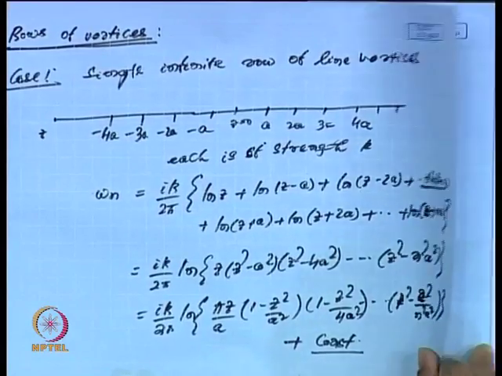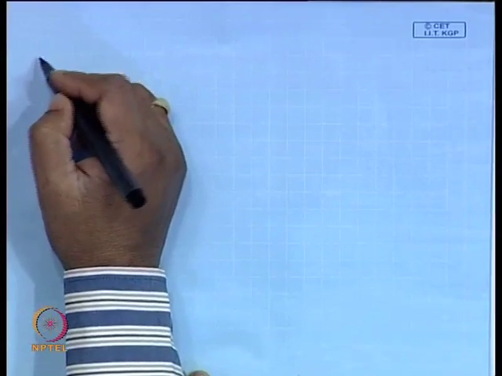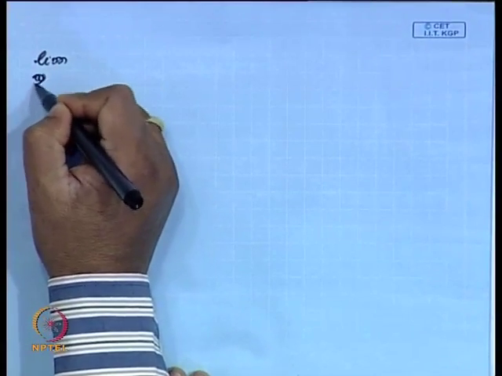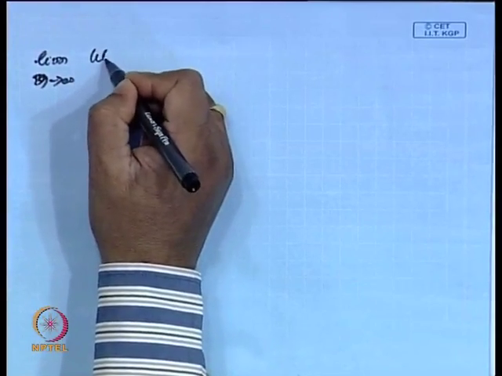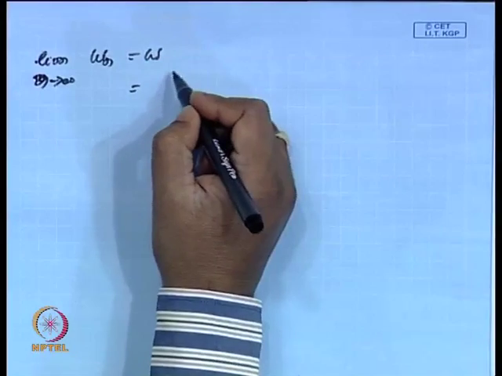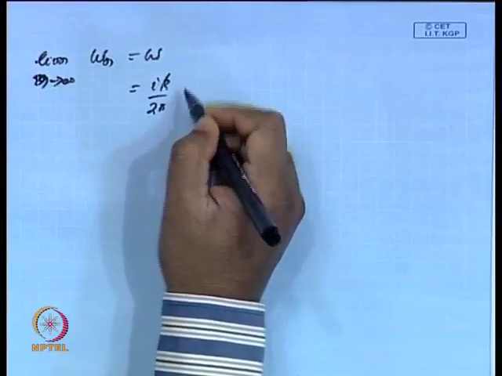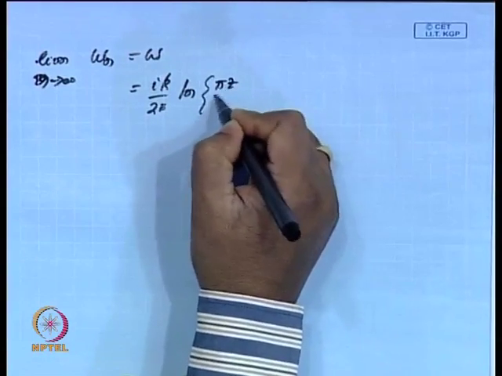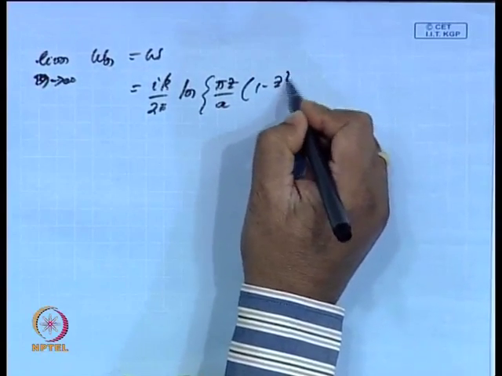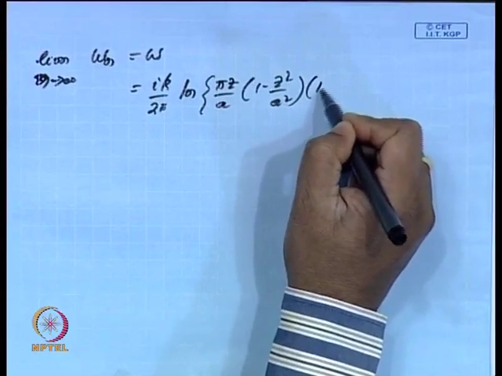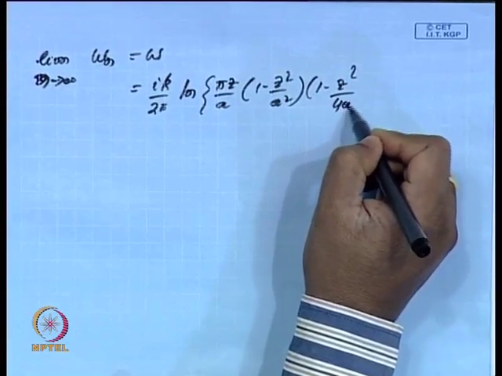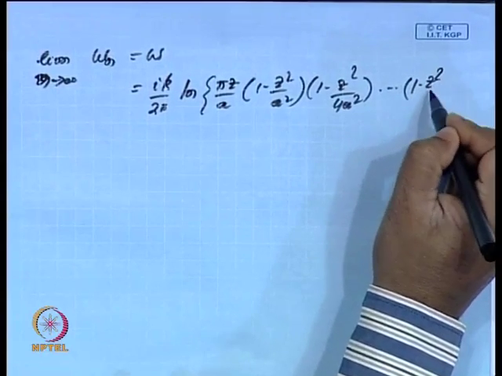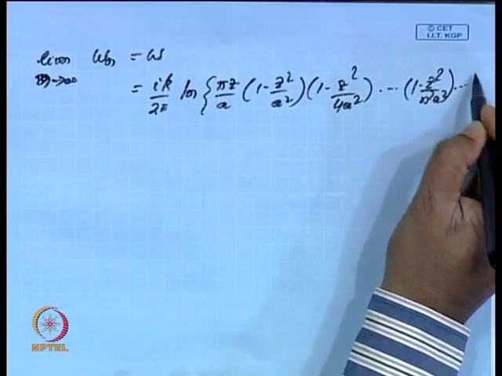So, because these are constants, without loss of generality I can adjust this constant and assume these constants are 0, and in that case, when limit n tends to infinity, this Wn will be called W, and I will have ik by 2 pi, I have infinite product series log pi z by a, 1 minus z square by a square, 1 minus z square by 4a square, 1 minus z square by n square a square, dot dot dot.